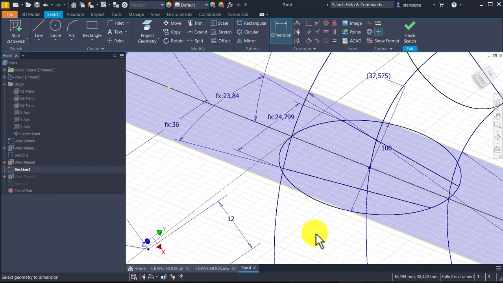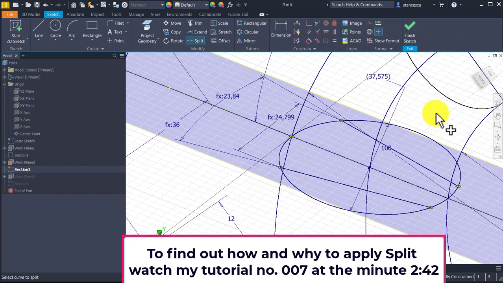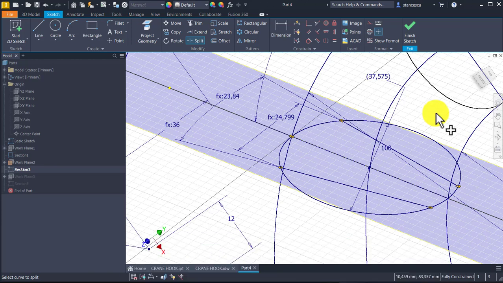Good. Now I apply the routine. Split: 2 points, 1 point. Now I can answer you. And here again. When you split a circle, you cannot split the circle in 1 point, my friends, because this is geometry.